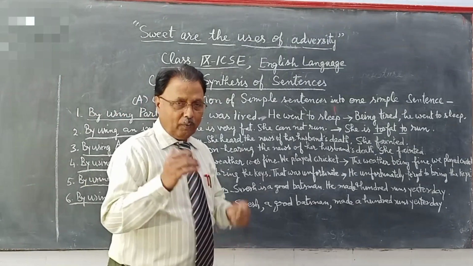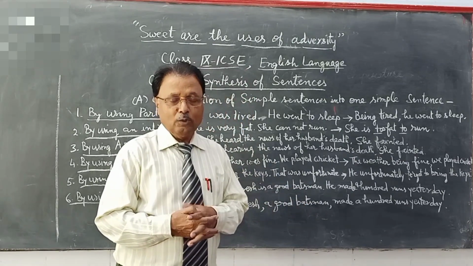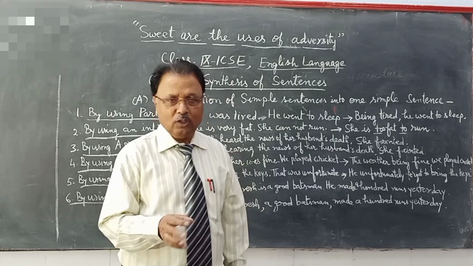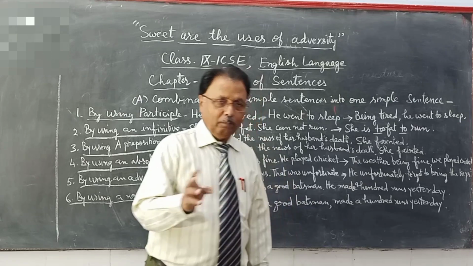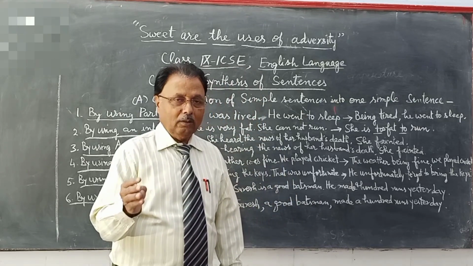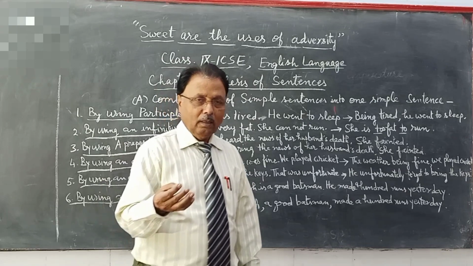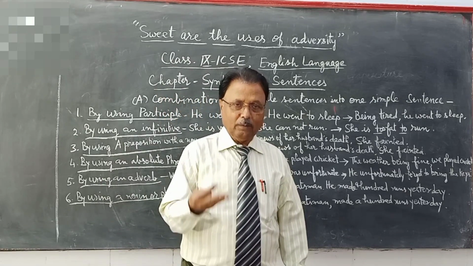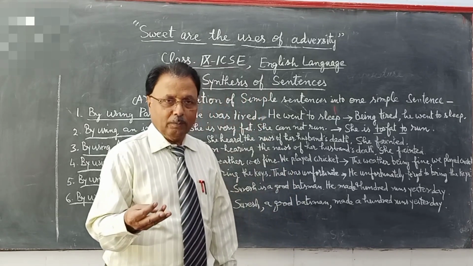First of all, you must know how the participle is formed, especially by adding the ing form to the first form of the verb. There are three kinds of participle: present participle, past participle, perfect participle.